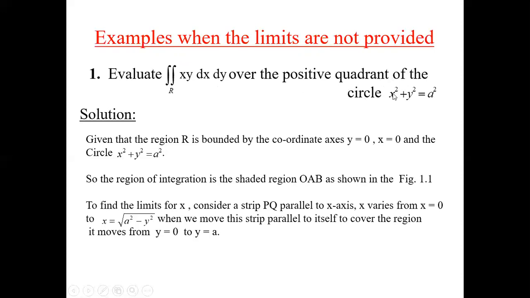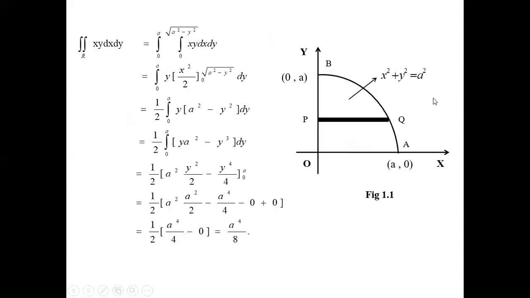over the positive quadrant of the circle x square plus y square is equal to a square. Similarly, for example, when instead of a circle, you are given a parabola or even an ellipse, you can do the same thing. Then this is a positive quadrant. In that positive quadrant, either you can take a strip parallel to x-axis or a strip parallel to y-axis.